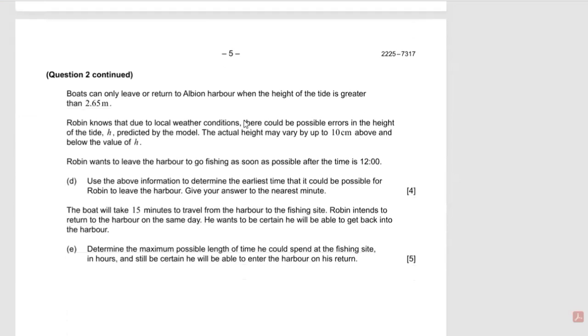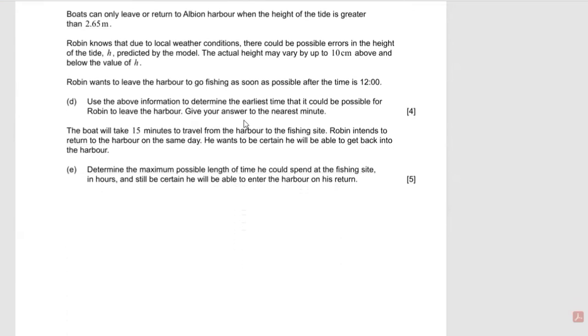Let's move on to the next part. They're saying boats can only leave or return to Albion Harbor when the height of the tide is greater than 2.65. So this is some key information. Robin knows that due to the local weather conditions, there could be possible errors in the height of the tide h predicted by the model.